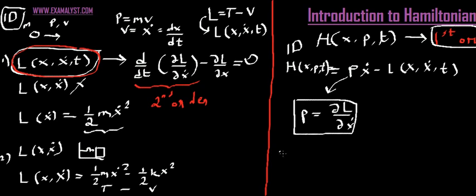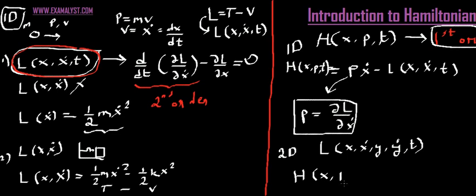Okay, how about 2D? Let me define 2D. So in 2D you have both axes, x and y. So your Lagrangian will be function of x and x dot, and it will be a function of second axis variable y and y dot and time. This is your 2D Lagrangian. Then how to find Hamiltonian in 2D? Now in 2D the Hamiltonian will be a function of x and momentum along x direction.